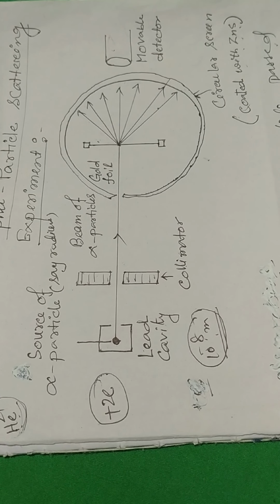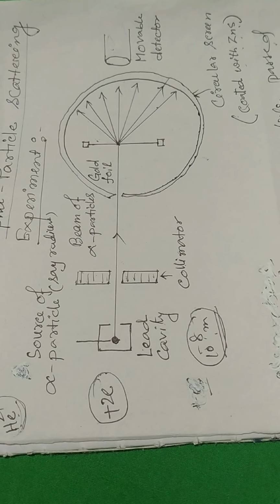These scintillations are observed through a movable detector. This experiment was conducted inside an evacuated chamber to avoid the scattering of alpha particles due to the atoms of the air.